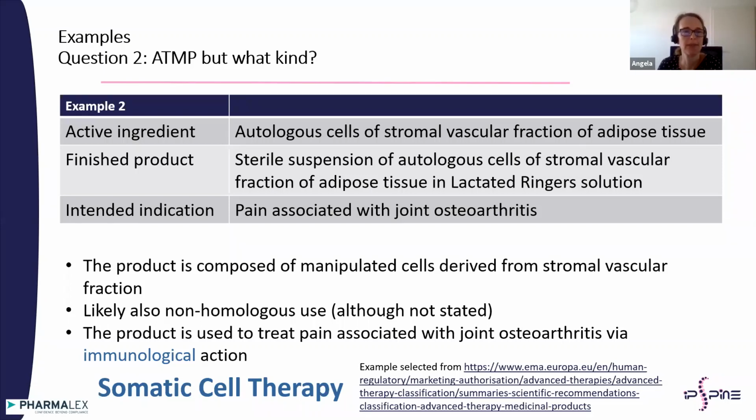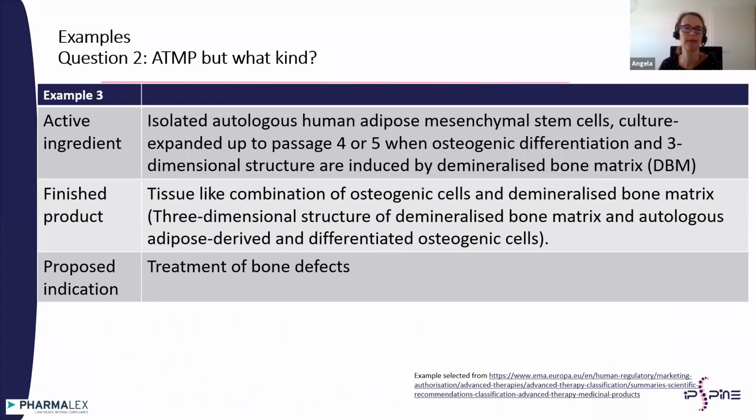Now the next example is again an ATMP. In this case, the active ingredient is twofold. It consists of autologous mesenchymal stem cells, culture expanded. So hopefully again this will ring a bell for you. As soon as they are culture expanded, they are substantially manipulated.